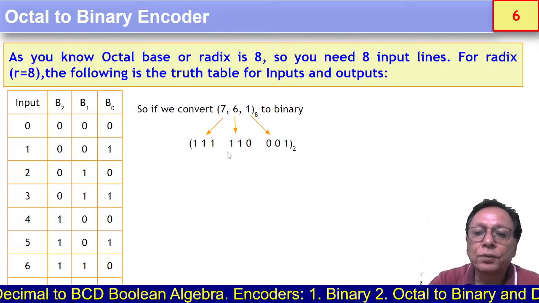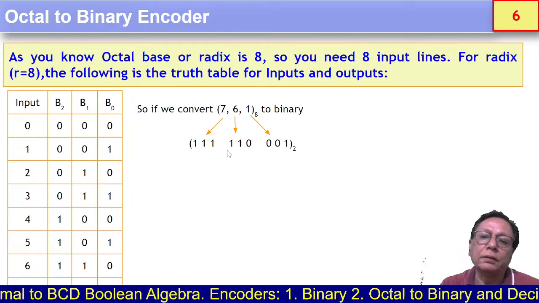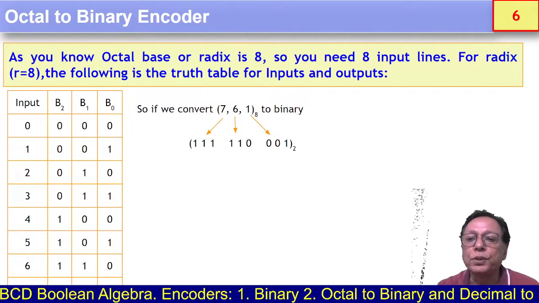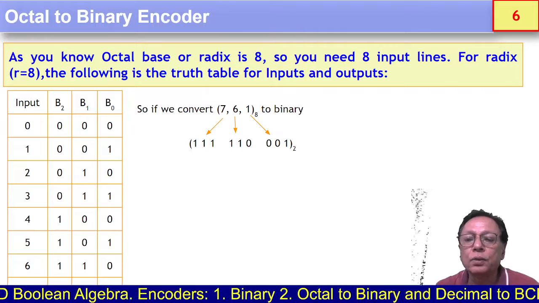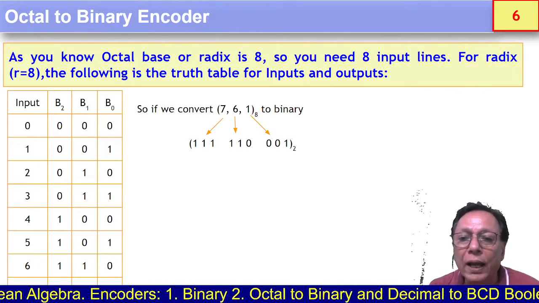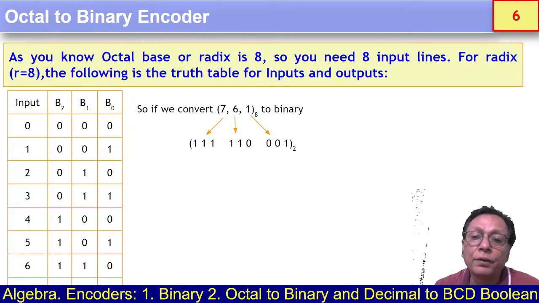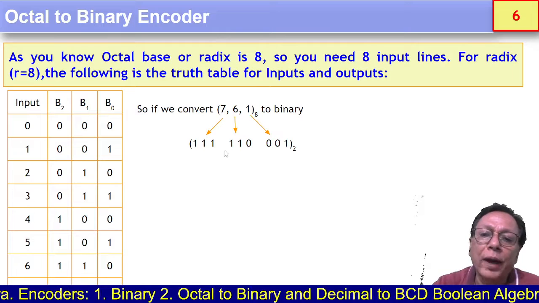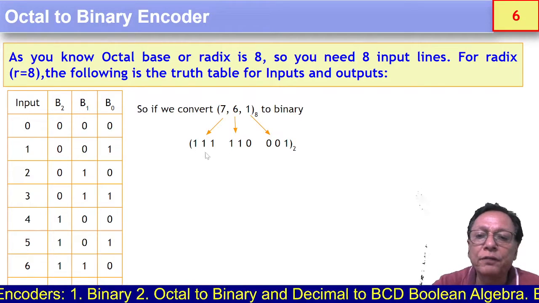If you concatenate these three patterns, 111, 110, 001, octal 761 will have 111, 110, 001. Why the combination of 3 bits?